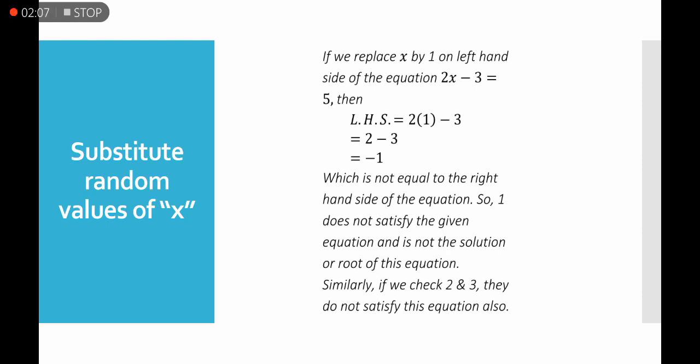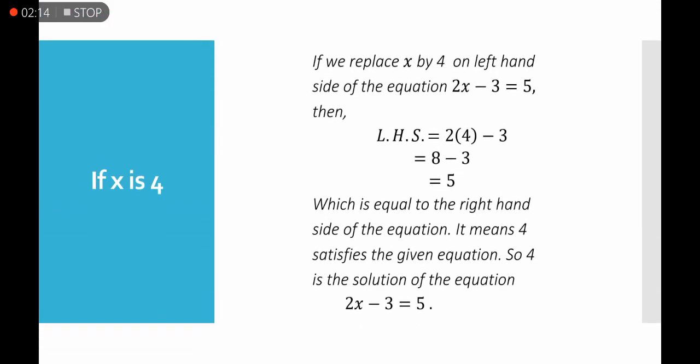Similarly, if we check 2 and 3, they do not satisfy this equation also. If x is 4, if we replace x by 4 on left hand side of the equation 2x minus 3 is equal to 5, then left hand side becomes equal to 2 into 4 minus 3, that is equal to 8 minus 3, and that is 5, which is equal to the right hand side of the equation.